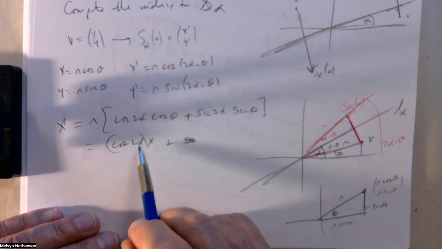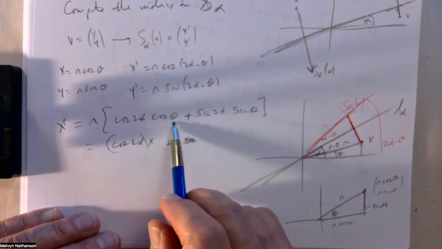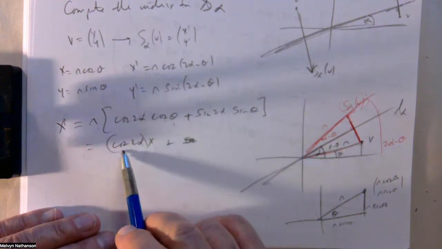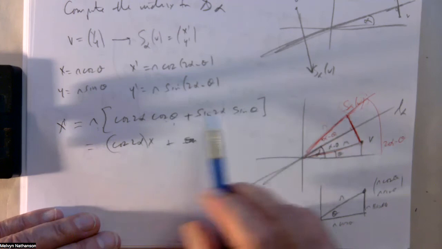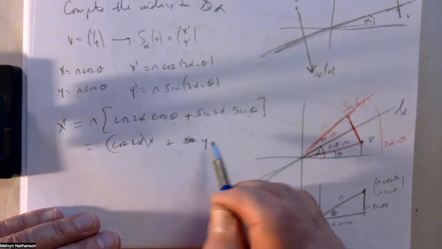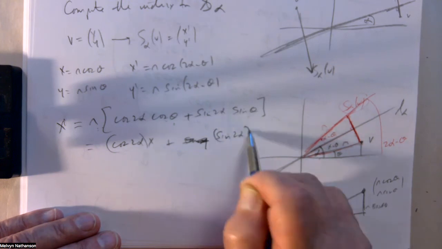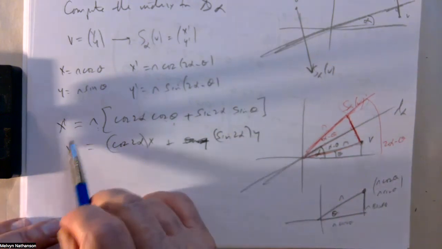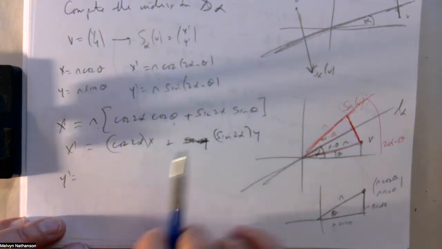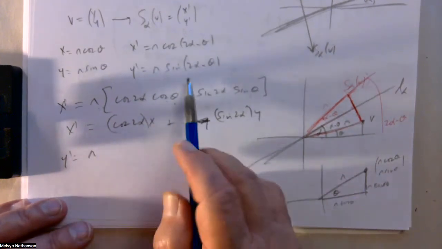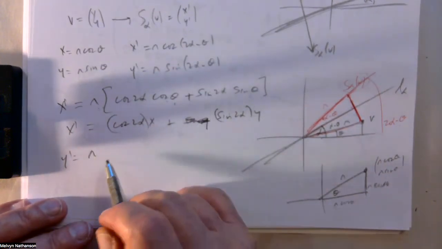So, r cosine theta is x, so this is x times cosine of 2 alpha. r sine theta is y, so this is sine of 2 alpha times y. And y prime is r times the sine of 2 alpha minus theta.